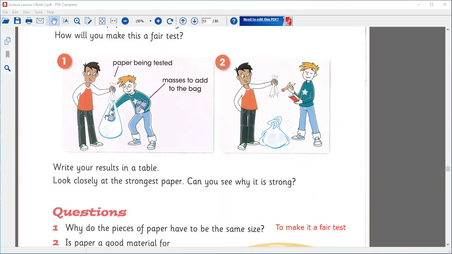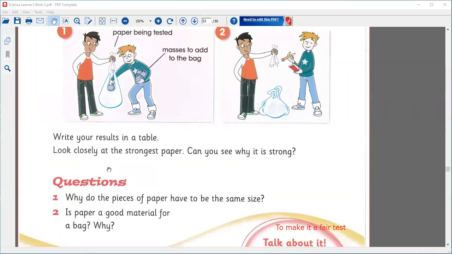Or you cannot say we are putting 2 or 5 kg. If you are comparing, a plastic bag is stronger and waterproof than paper. So it's not a good choice. Why? You should write the reason. It's up to you. You can write it.